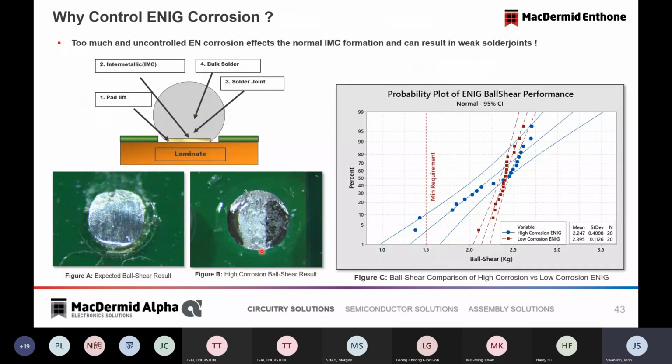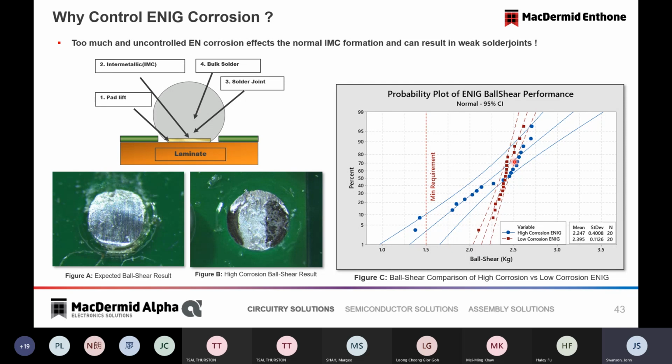So just a few more slides before I wrap up today, but basically we would say, why do we care about nickel corrosion? And we give one example here of ball shear. If we look at a ball shear situation where we put a solder ball on a surface and we push the solder ball off the surface and we measure the force required to do that, and we look at the nature of the failure mode, if we look at two processes, we can create a process in which we see a large amount of corrosion because it's poorly controlled, and we can create a process in which corrosion is well controlled.